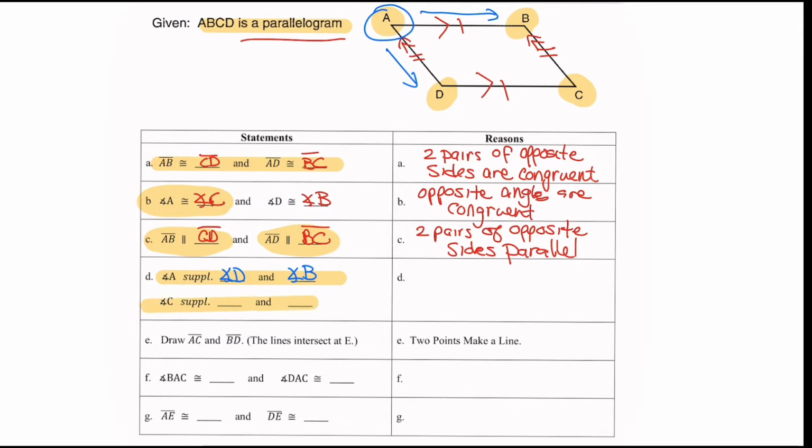For angle C, angle C has angles B and D next to it, so angle C is supplementary to angle D and angle B.